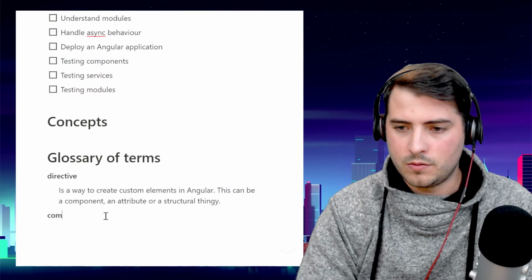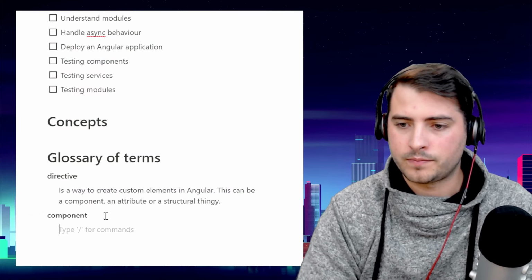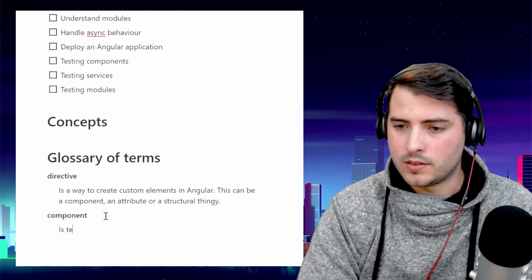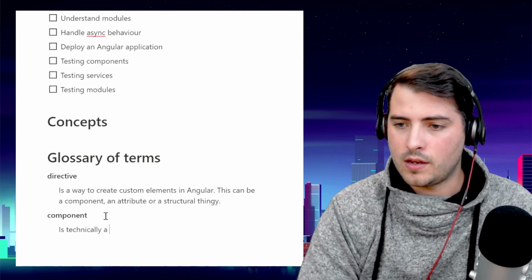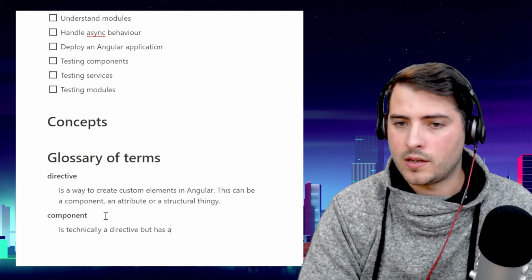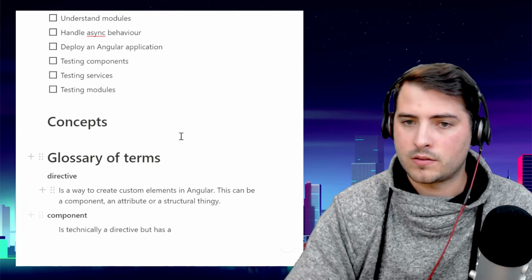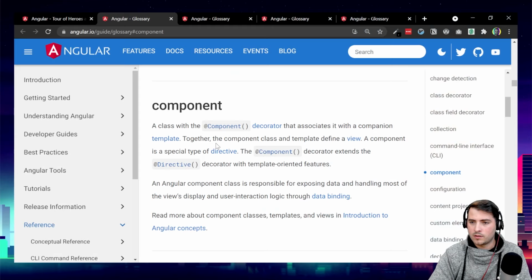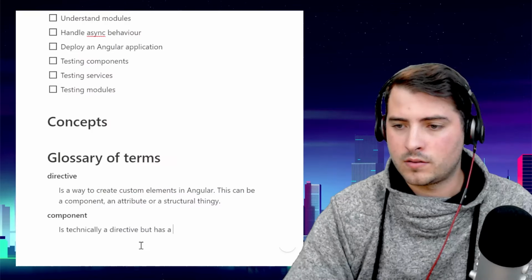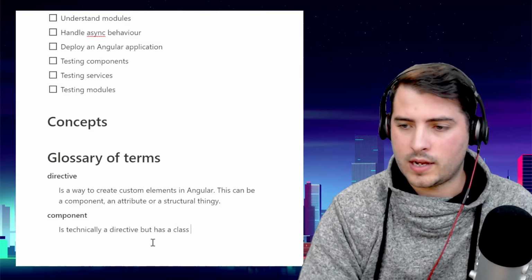So let's do component. It is technically a directive, but has a decorator that associates it with a companion template.